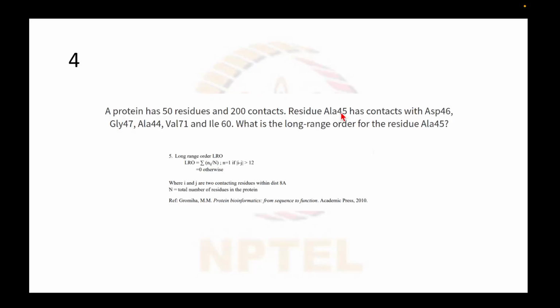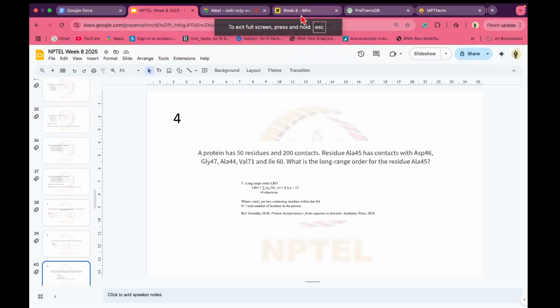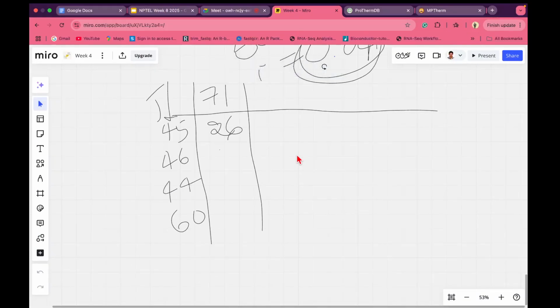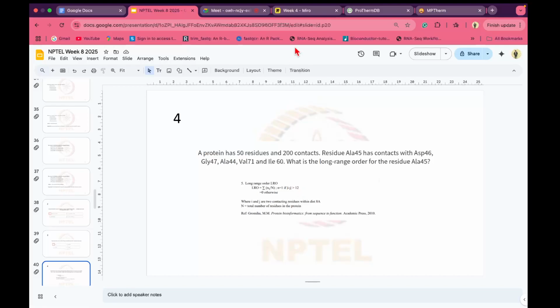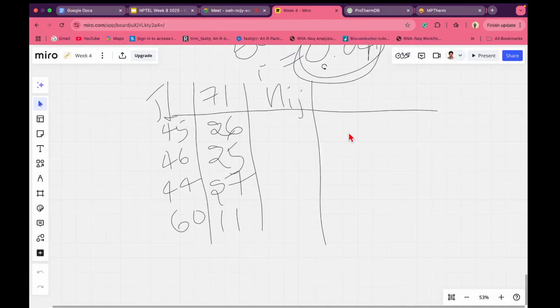Okay, what if instead of alanine 45 we consider valine 71? That is what we are doing here. So next, separation here is 25, separation here will be 27, and separation here is 11. So the n ij value, according to our condition, that the separation should be more than 12, gives us 1, 1, 1 and 0.